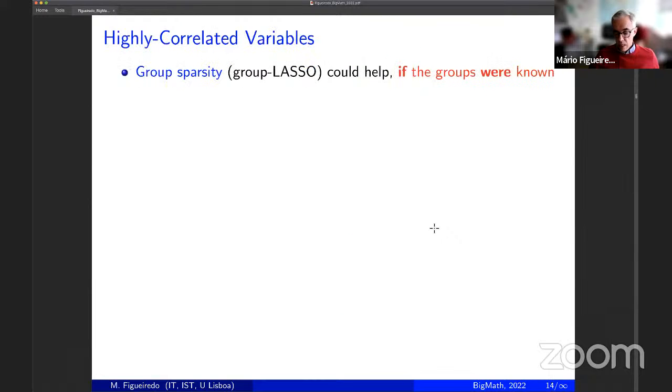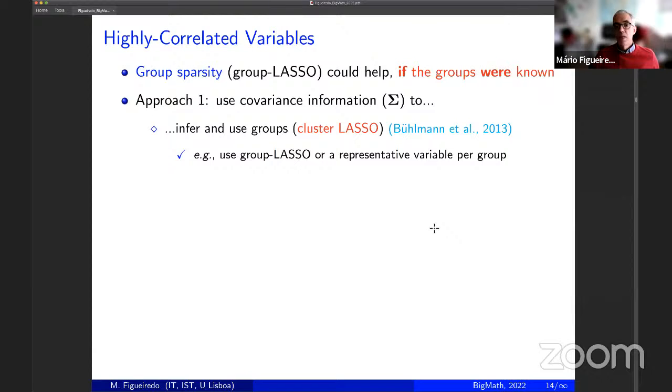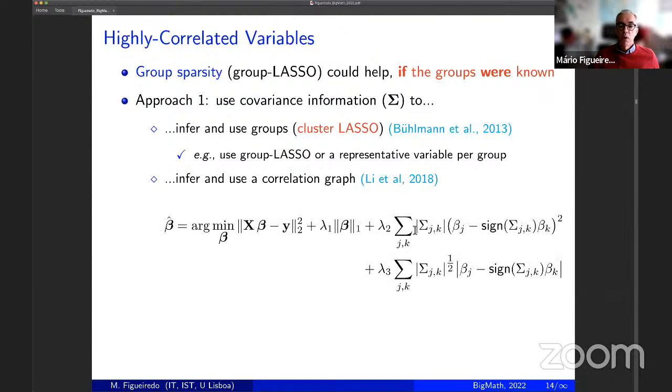To address this, people have come up with different strategies. One of them, which I'll talk about very quickly, is something statisticians do very often: once you have your data set, you look at the correlation structure of your variables.